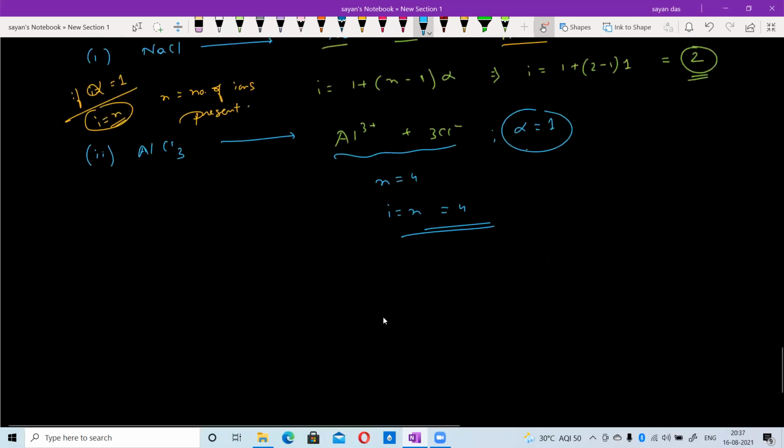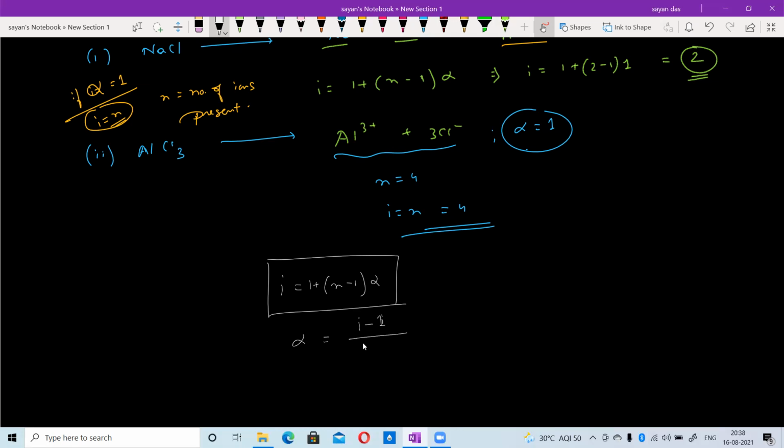So what are the important formulas for the dissociation topic? The first important formula is this one. The second important formula is 1 plus (n minus 1) alpha, from which you can find alpha: alpha equals (i minus 1) divided by (n minus 1).